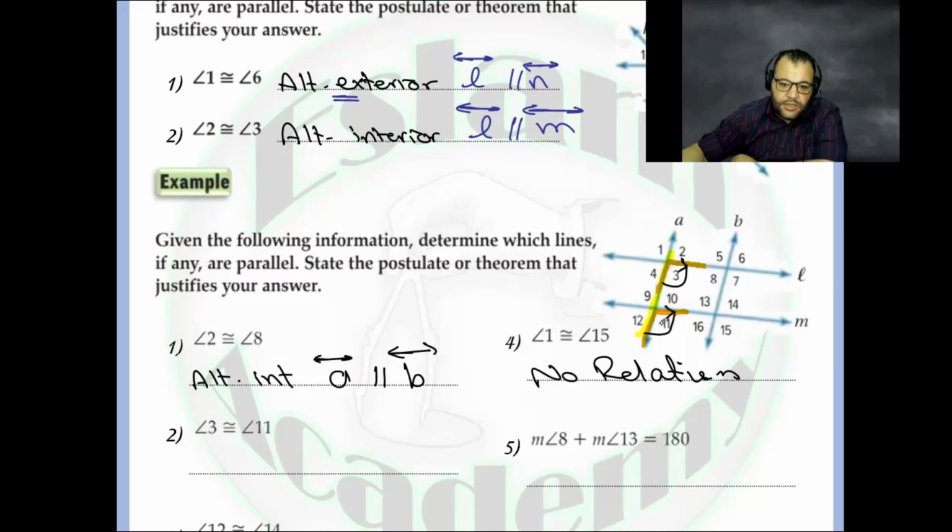So that's the letter F. So we have corresponding, alternate interior, or exterior. What is the relation? F, corresponding. So where are the two lines? That's the two lines. You see the arrow? That's line L and line M.